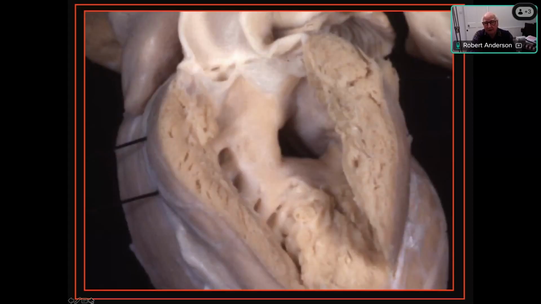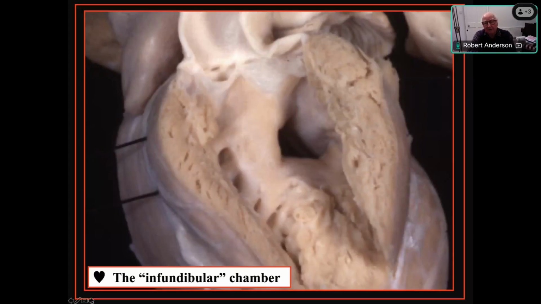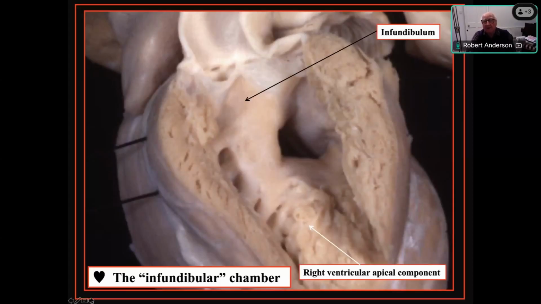But as in the normal heart, it is coexisting with a second chamber, said to be the infundibular chamber, and it does indeed have an infundibulum. But it has much more than that, because it has the apical component of what should have been the right ventricle. This is much more than an infundibulum. It is an incomplete right ventricle.